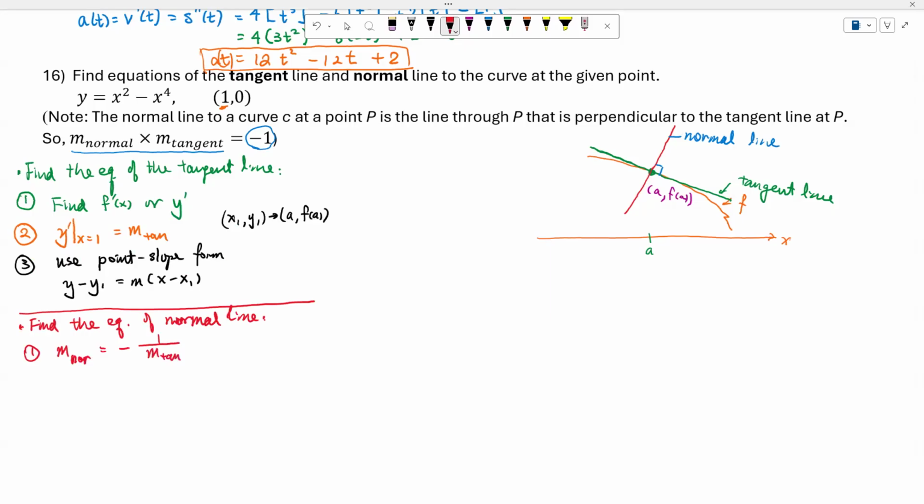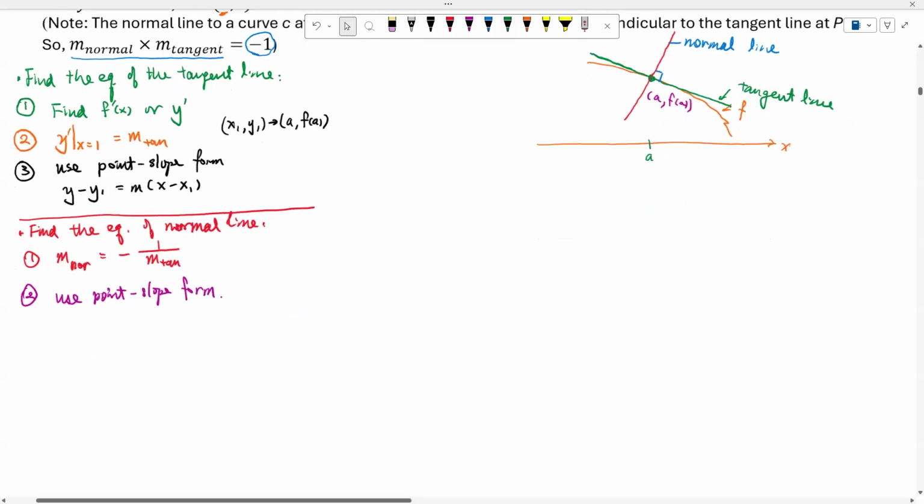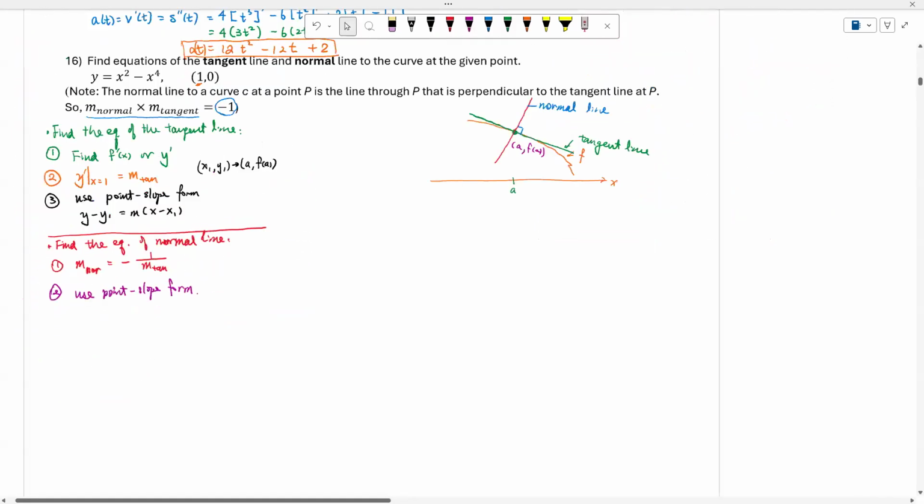Then we will use the point-slope form again to find the equation of a straight line. So this is the idea.